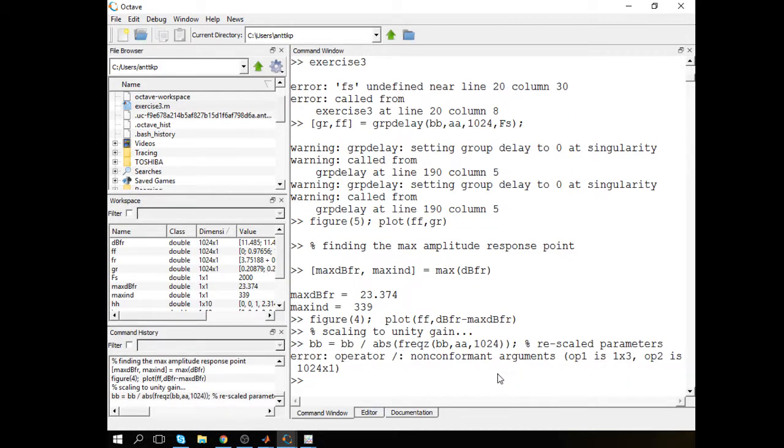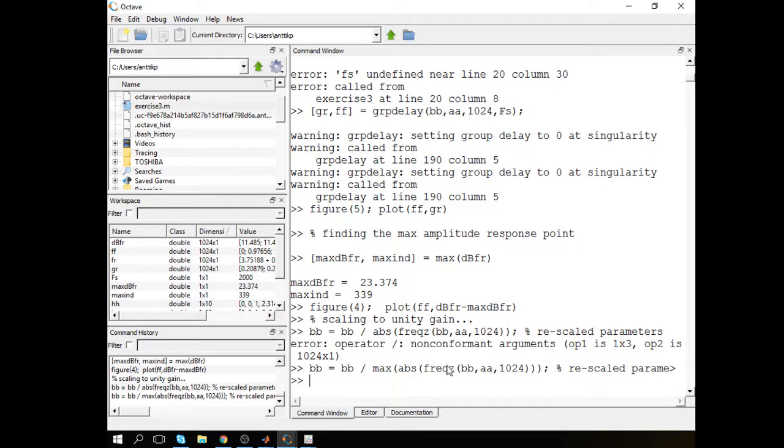Oh, what? What happened here? Oh, haha. Maximum value. Maximum amplitude response. So you divide the current B parameters with the maximum amplitude response.